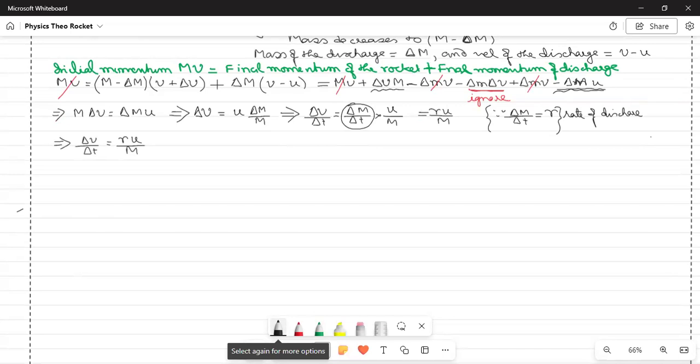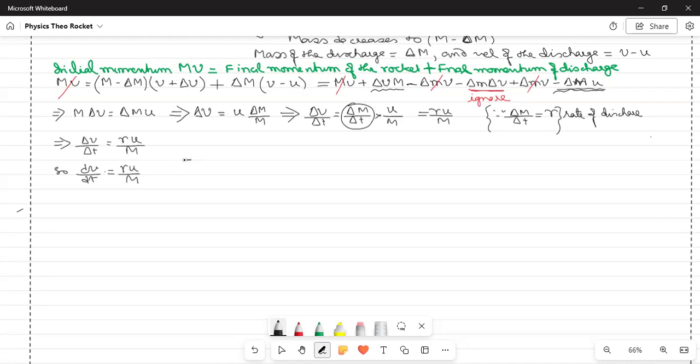Now, since we have got this, when del T is very, very small, you have done it in differential equation. So in differential, you can write dV by dt equal to R U by M. Now, what is M?